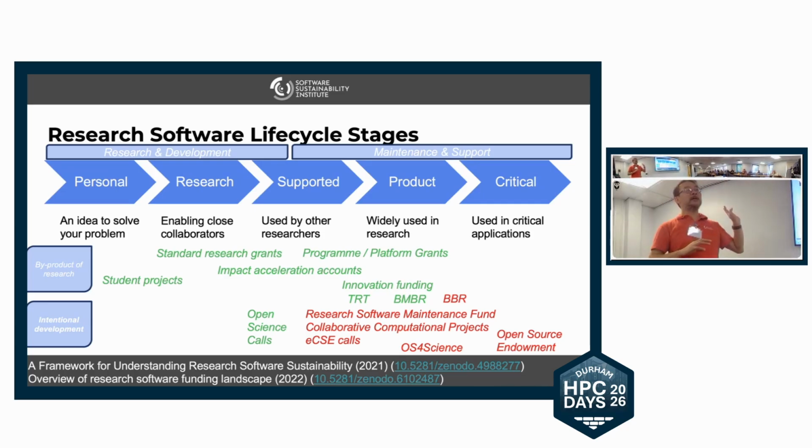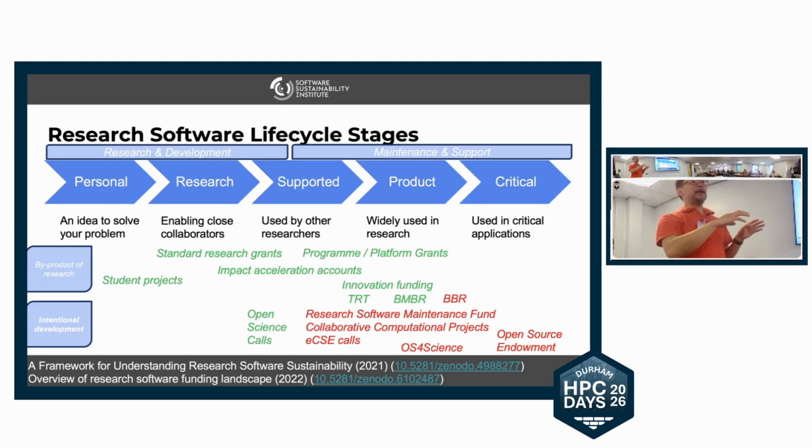But it's trying to again give a sense of the fact that there are lots of different stages in the life cycle of research software. So you get the sort of stuff which is scripts right up at the top side, which is really about something that you're writing for yourself. And then it goes through stages of maturity where it goes from being something that's just for you to something which is relied on by hundreds and thousands of people.